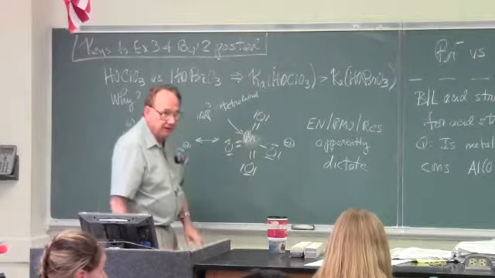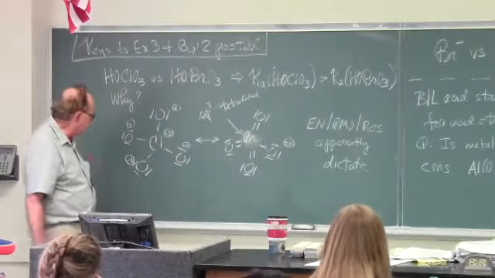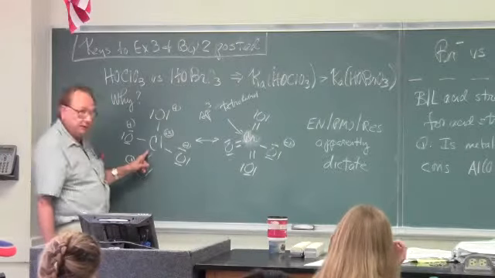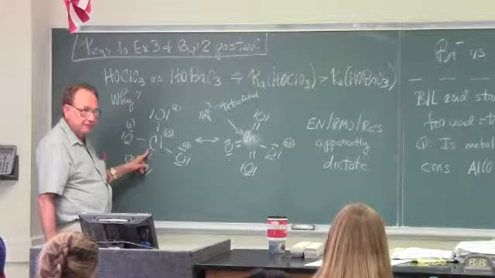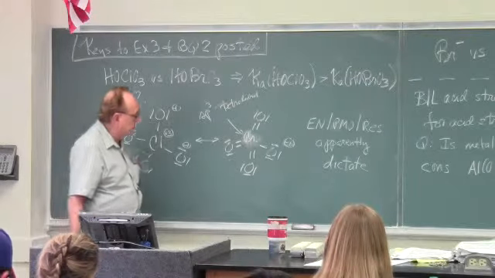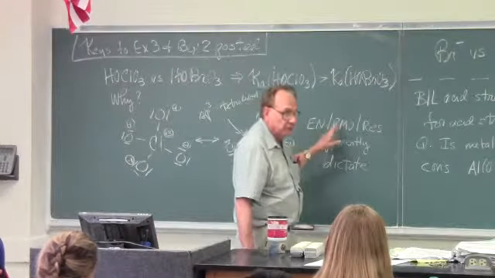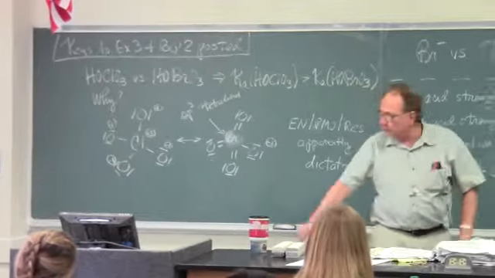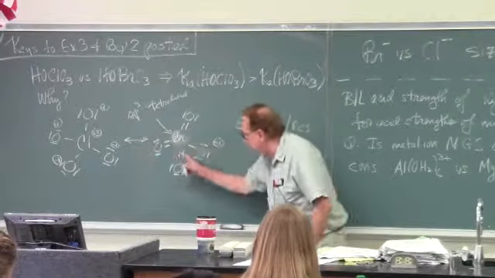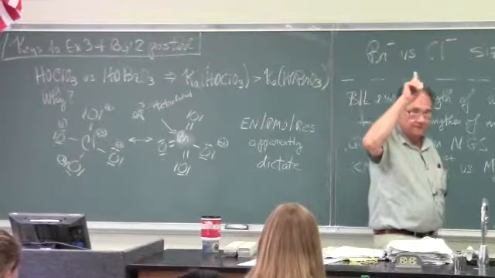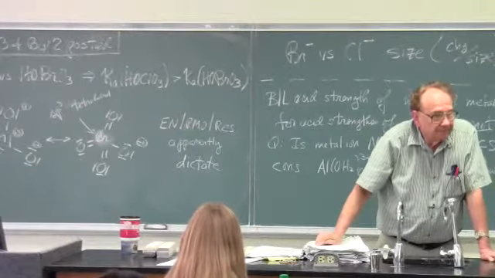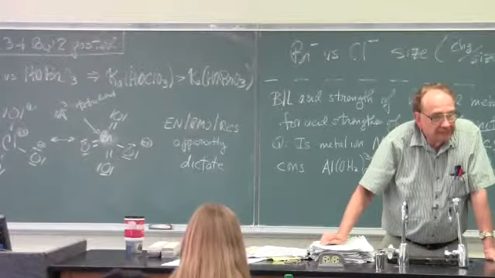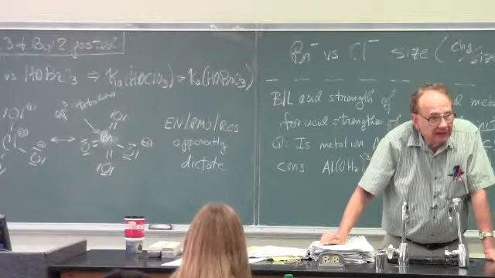So what we're seeing here is that greater electronegativity of the central atom, even though it's not much greater, plus PMO. Why should PMO be more important for this than it is for this? Remember how this PMO business operates?